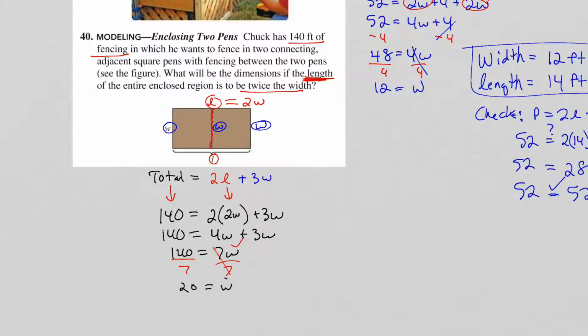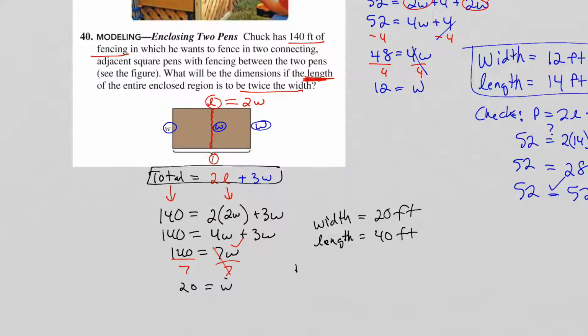Now, what will the dimensions be? So we need the width, we need the length. So the width, we just found it, is 20 feet. And the length is twice as much, so that's 40. Okay, you say, wait a second, that doesn't equal 140. That's because, remember that our equation is right here.